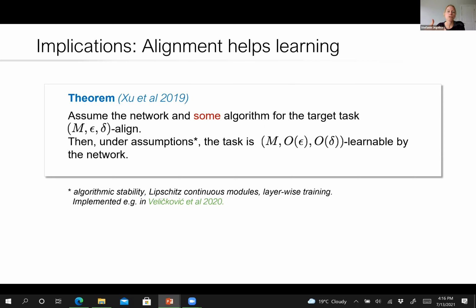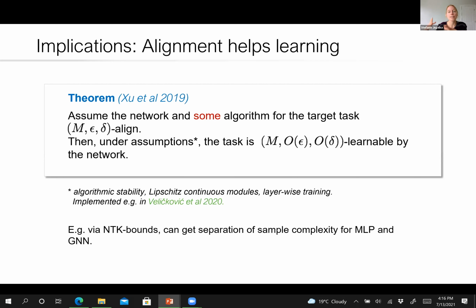What you can basically show is, under somewhat simplifying assumptions, that if you have this algorithmic alignment, then the overall complexity of the task can be measured by the complexity of the modules that you have to learn. And via this idea, you can actually prove some gaps between different architectures in simple functions.